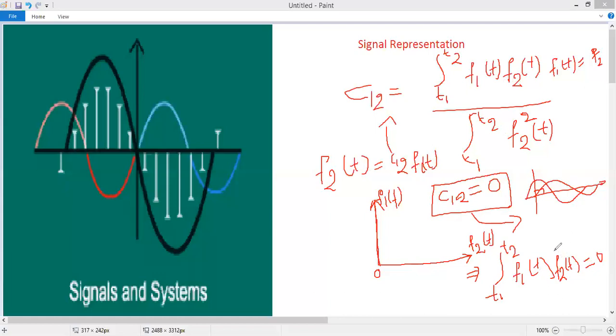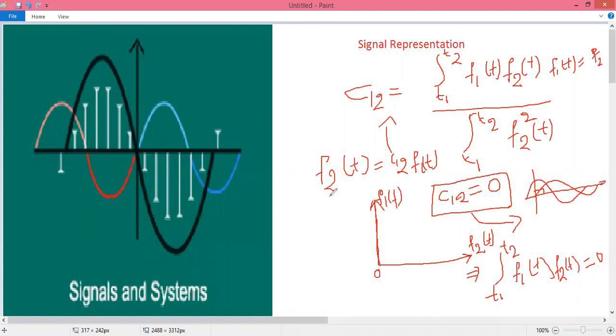In some GATE or other exams, they may ask a question like this: find the orthogonality relationship between the sine and cosine signals.